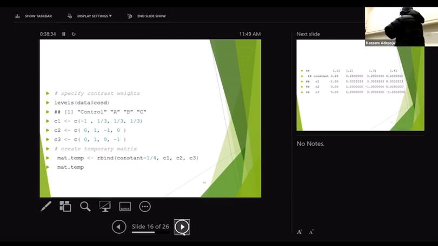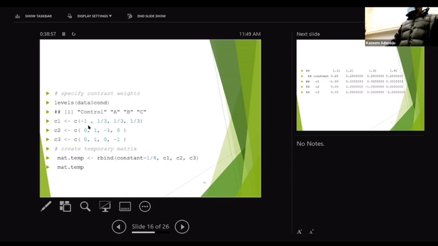Take a look at that. That was how I got what I'm going to put into our software. I'm going to write C1 less than minus C. I'm going to write -1, 1 over 3, 1 over 3, 1 over 3. Is there anyone who needs clarification on how I got -1, 1 over 3, 1 over 3, 1 over 3?